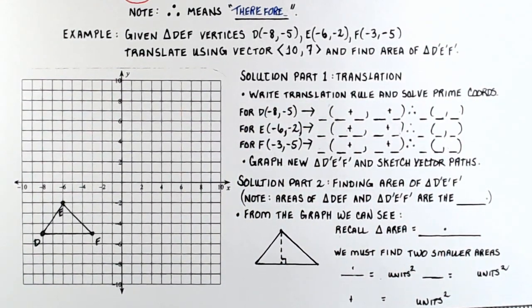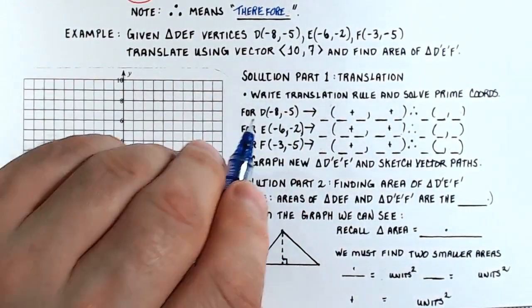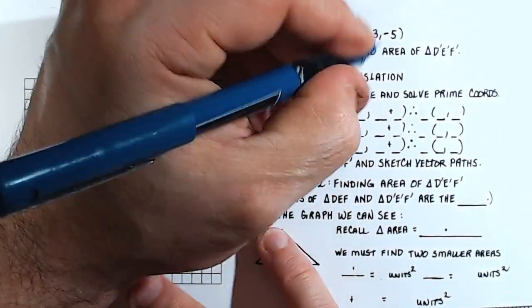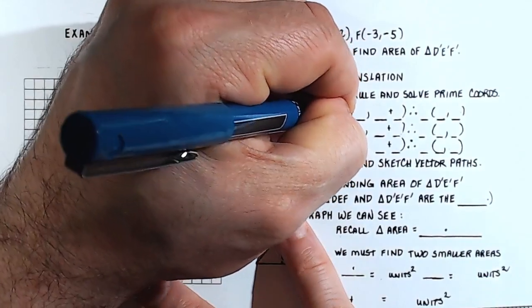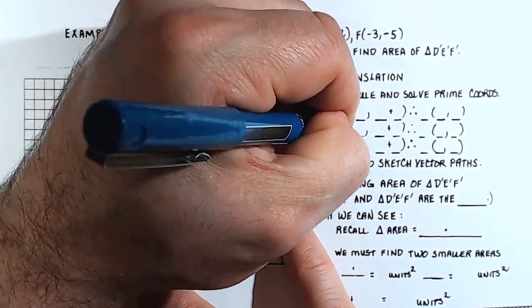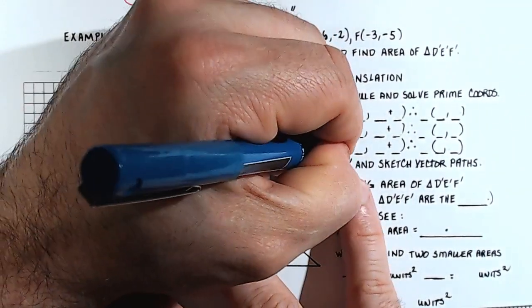It's the same process as we did above. We're going to take the beginning coordinates of our pre-image. This is our pre-image right here. So the first value would be the x coordinate, -8. Down here it would be -6, and down here for F it would be -3.